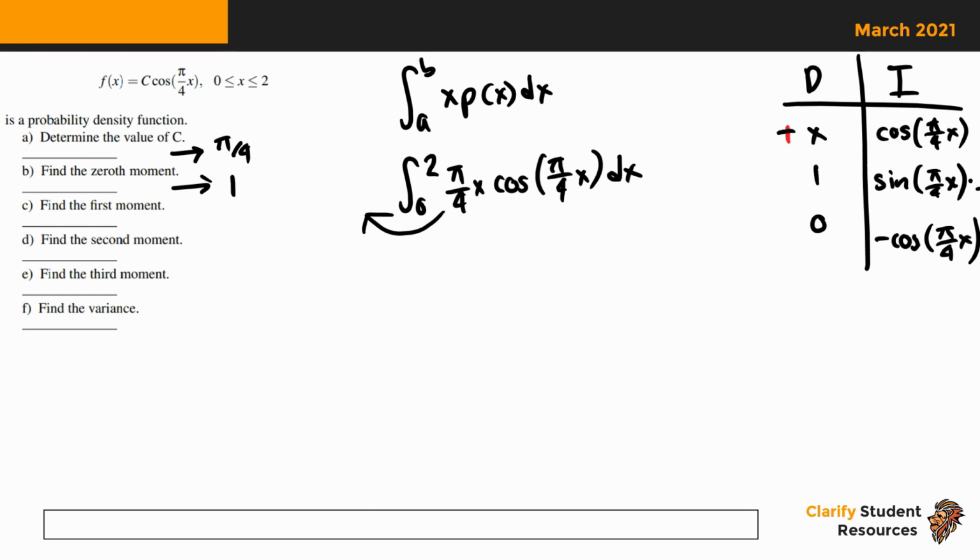So remember, it's going to be plus, minus, plus, and we pair it diagonally. So once we know that, we have the pi over 4 out front.